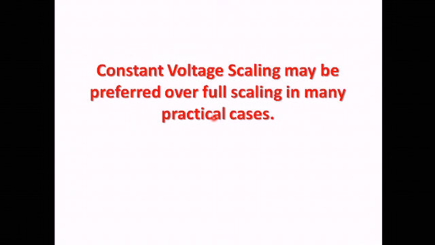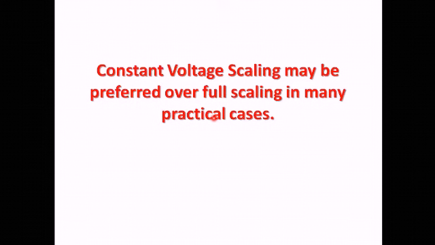As the device dimensions are systematically reduced through full scaling or constant voltage scaling, various physical limitations become increasingly prominent and ultimately restrain the amount of feasible scaling in some device dimensions. Consequently, scaling may be carried out on a certain subset of the MOSFET dimensions in many practical cases.